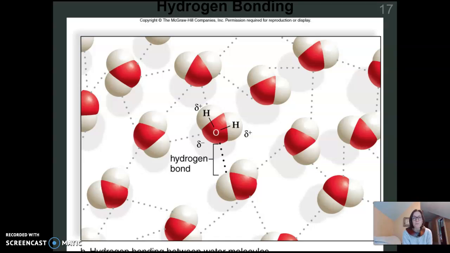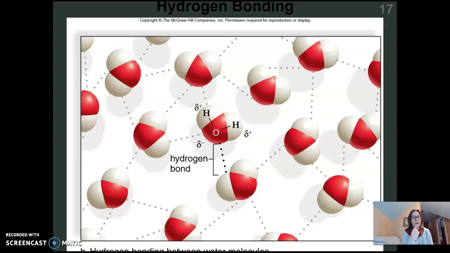Now, this is what water looks like when we get many of them together. And here is that space-filling model showing the sigmas, positives and negatives, and many other water molecules. So here's a water molecule, here's a water molecule, and the dotted lines are representing the hydrogen bonds between different water molecules.